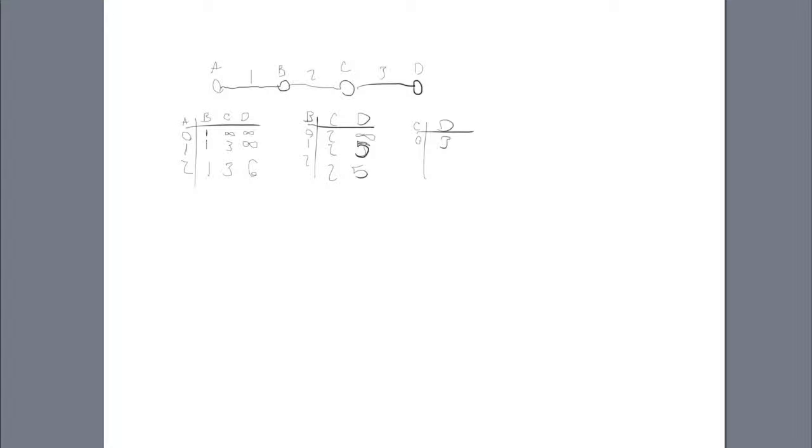For B to get all the information, it only took 2 iterations, and for C, it only took 1. Now, D, it will take 3. As you'll notice, if you do it the other way, it'll take 3 because there's 3 hops here. Now, this is important for our analysis. But this is kind of how the thing works.